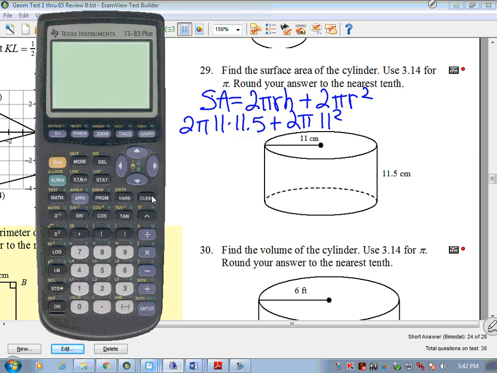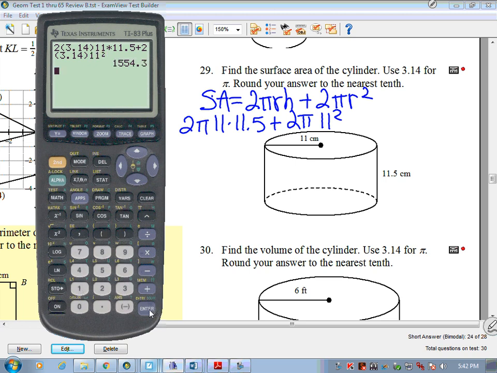All right, 2 and we're using 3.14. That's important, 3.14. Let's see, 11, and times our height, 11.5, plus 2 times 3.14 times 11 squared.